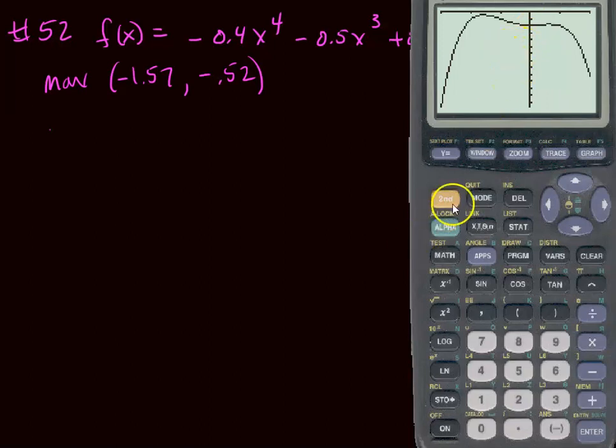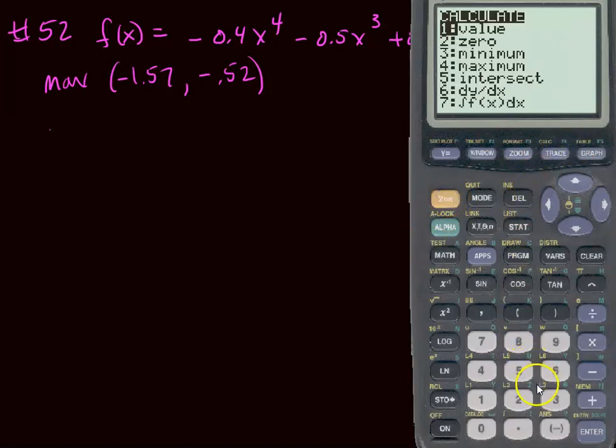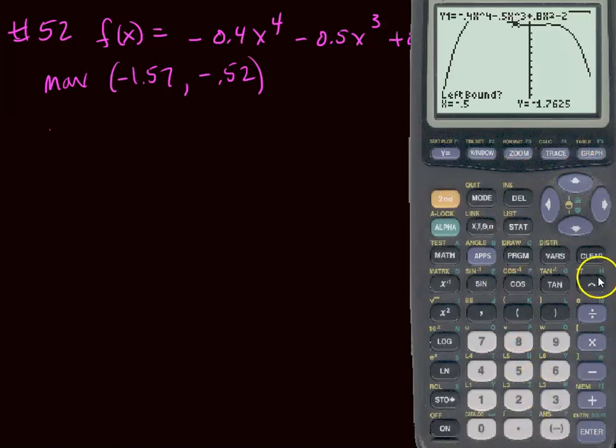Okay, we also need another maximum. Let's do the minimum next, though. Second calc. Minimum's 3. We're to the left of that already, so I'm just going to press enter. And then use the arrows to go to the right. Not sure exactly where, but see this little hill here, I'm going to go between.